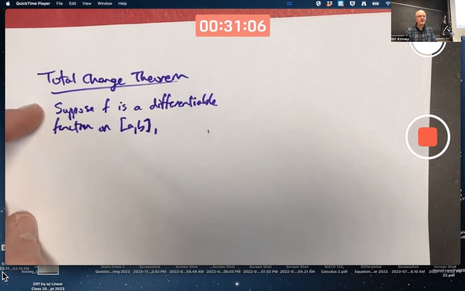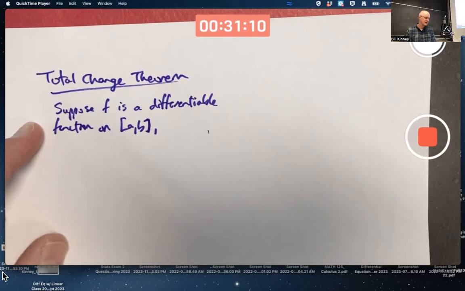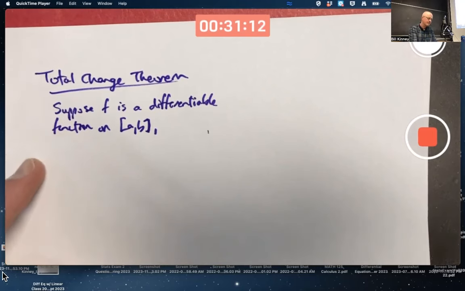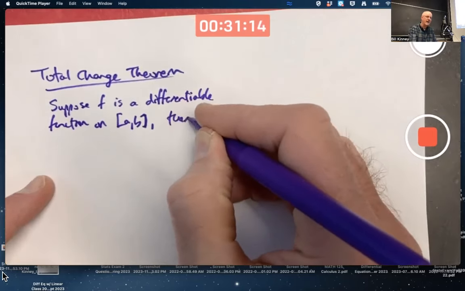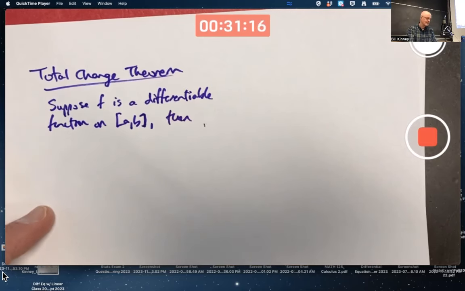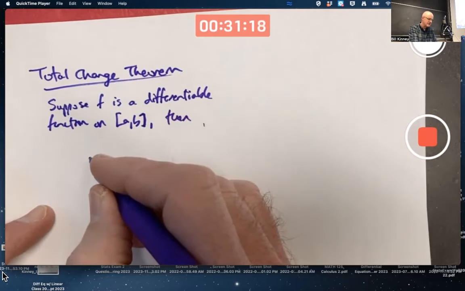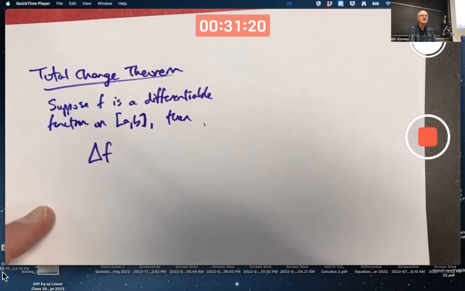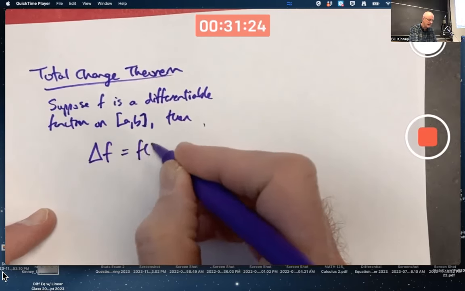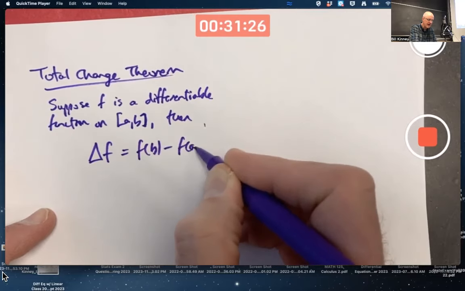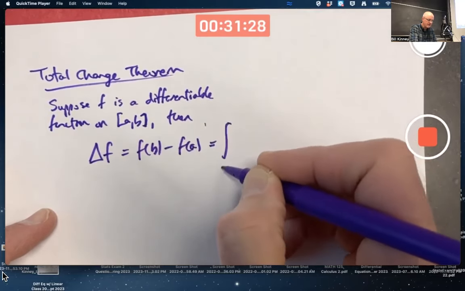You don't see the word if here. I could have made it an if. If f is differentiable on the interval from a to b. Then what is the conclusion? The conclusion is the total change in little f, delta little f, which by definition would be little f of b minus little f of a, is the integral of its rate of change.